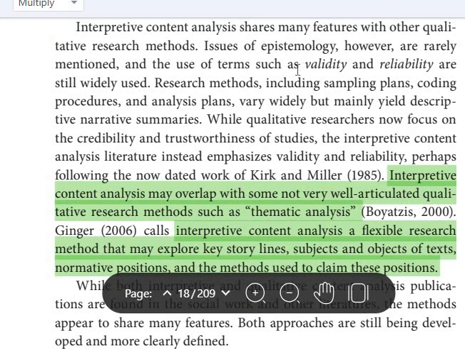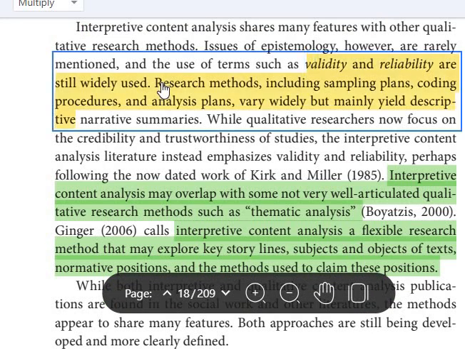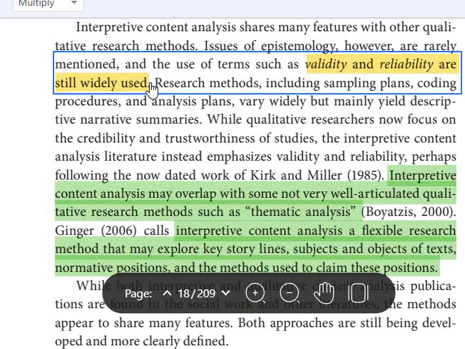another idea, which is validity and reliability are still widely used here in the interpretive content analysis. This analysis may overlap with some not very well articulated qualitative research methods, such as thematic analysis. Okay, so it can overlap with a thematic analysis. What do we mean by thematic?